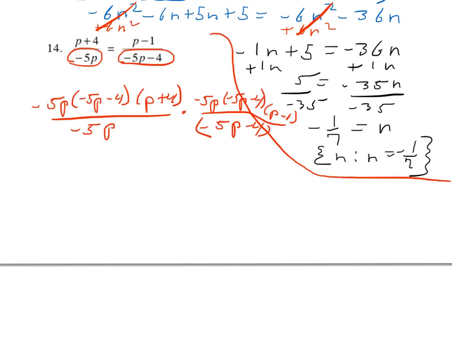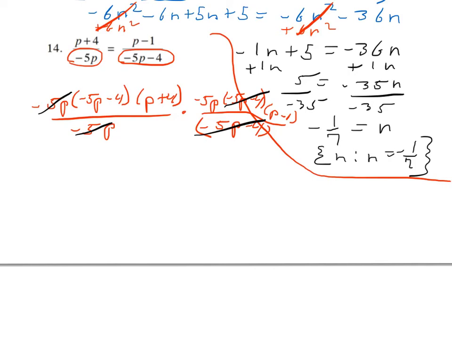All right, now, is there anything that divides out there? Well, let's see. These negative 5p's divide out, and these negative 5p minus 4's divide out right there. All right, so let's divide those out.